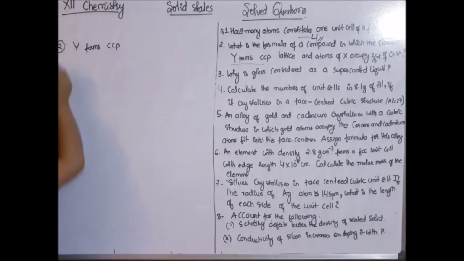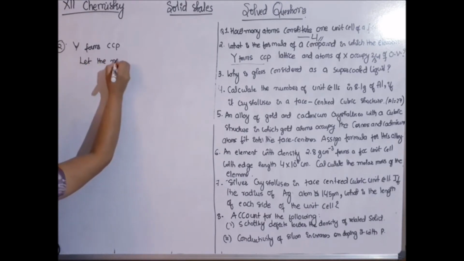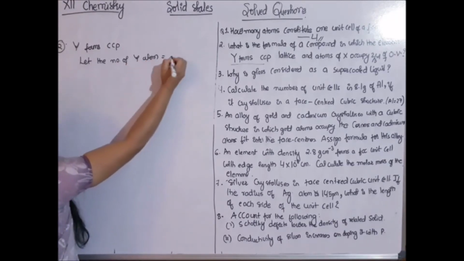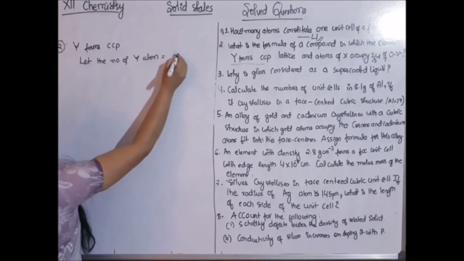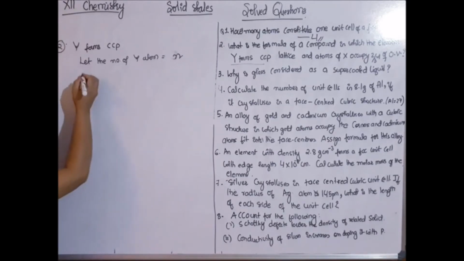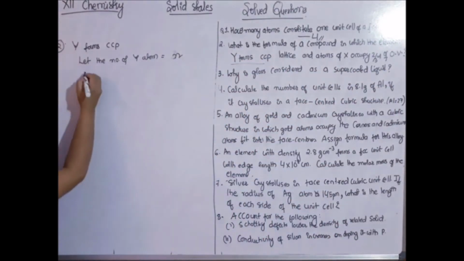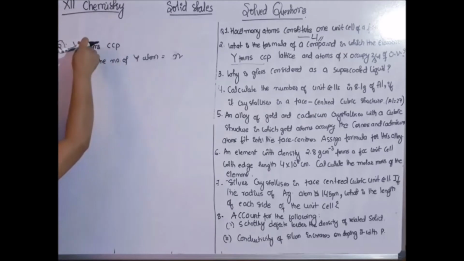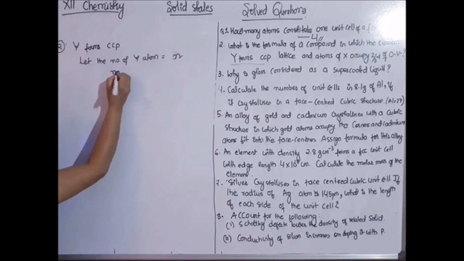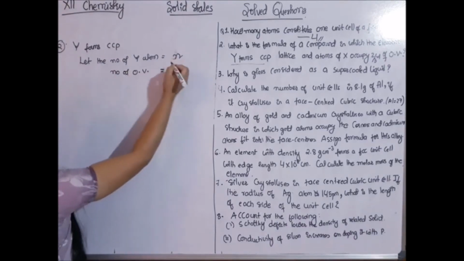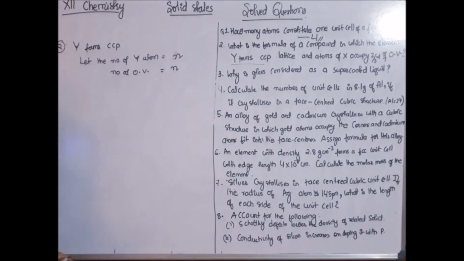So let us assume the number of Y atoms to be n, or x, anything. Since here we have to consider only octahedral voids, if the number of atoms in the ccp arrangement is n, then the number of octahedral voids will also be equal to n.